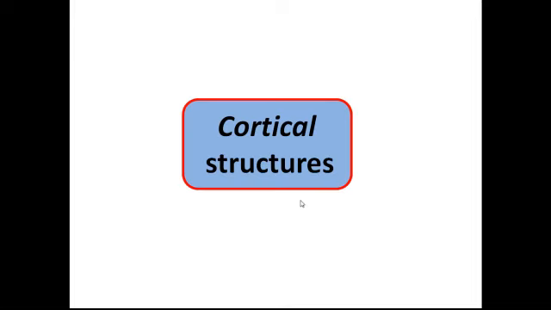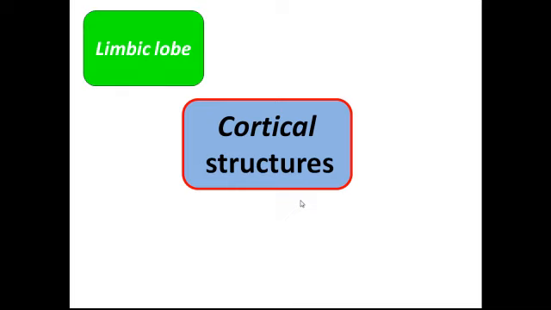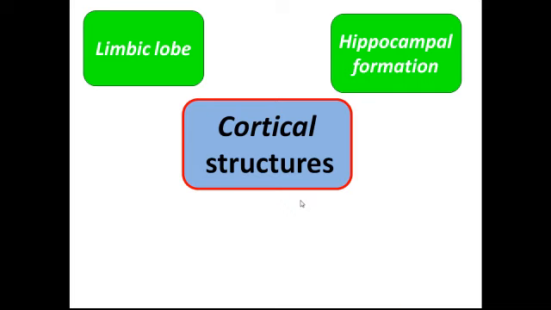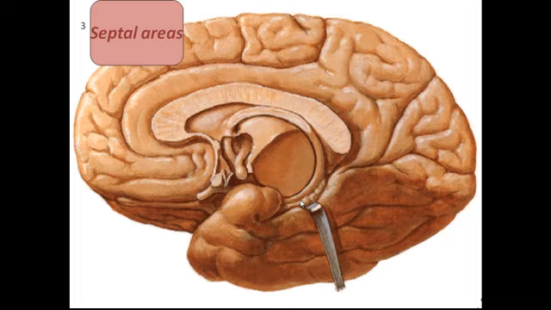The cortical structures again are the limbic lobe, hippocampal formation, and then we come to the septal areas. These septal areas are formed of some gray matter scattered on the surface of the septum pellucidum, which separates the right and left lateral ventricles from each other.